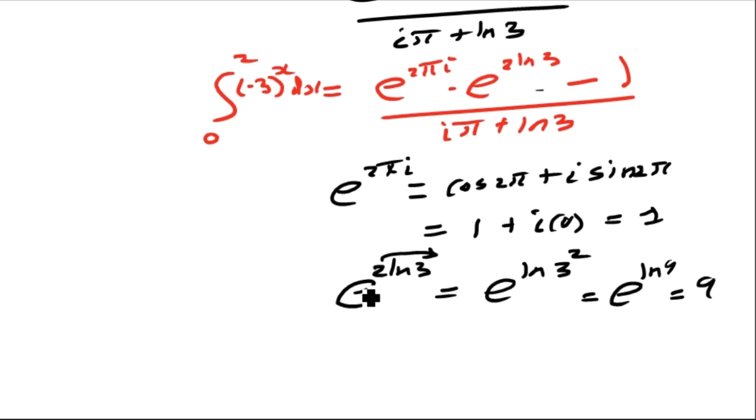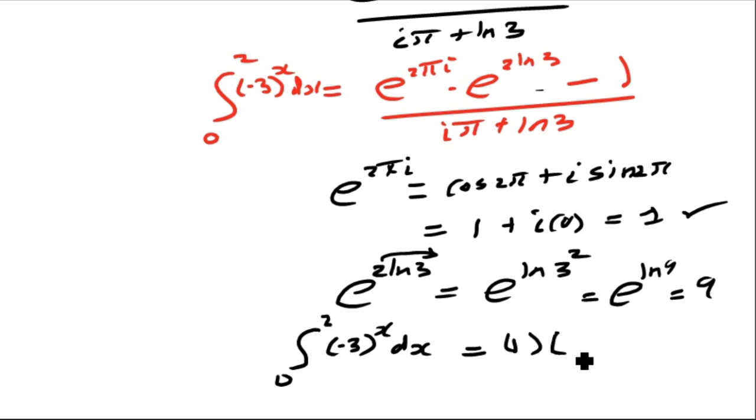So when you go back to the solution of your problem there, the integral from 0 to 2 of negative 3 raised to power x dx is going to be exponential 2 pi I, and exponential 2 pi I we found is 1, then times exponential 2 ln of 3. Exponential 2 ln of 3 we found is 9. So it is times 9.